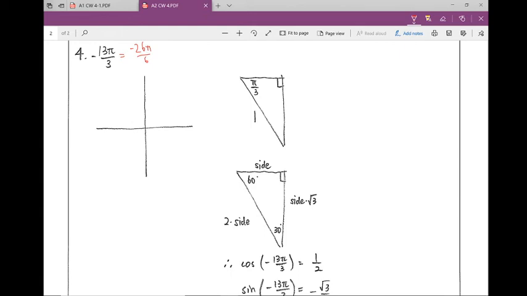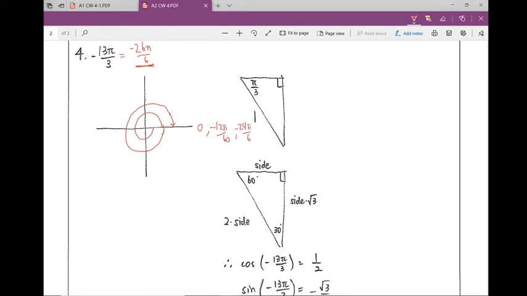So since you're already familiar with the process, I'm going to just use some shortcuts here. We're going to go backwards 1 full circle, because negative 2 pi is the same thing as negative 12 pi over 6. We definitely need to go way further. So I'm going to go 1 more full circle to get to negative 24 pi over 6.